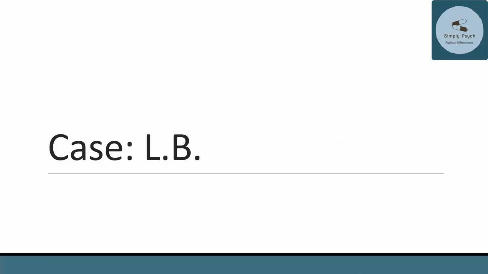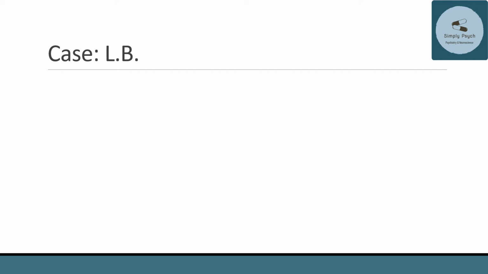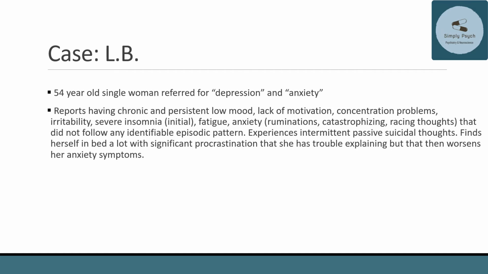So the last thing I want to do is talk about a case that I introduced in the very first lecture. This is the case of LB, and we're going to go through the initial part very quickly. LB is a 54-year-old single woman referred for depression and anxiety.